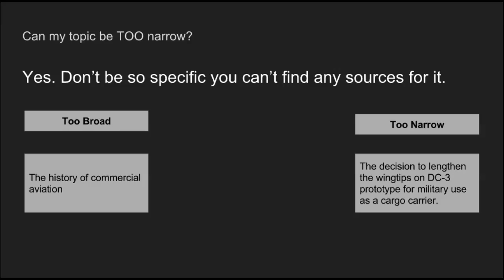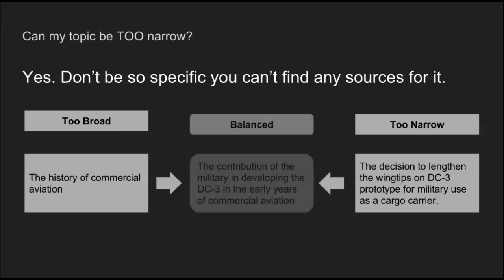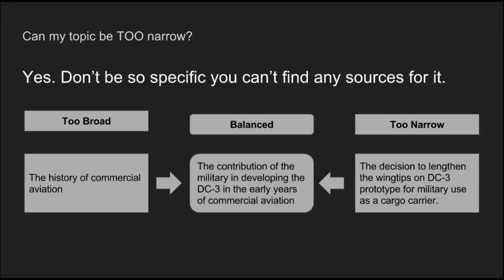But for right now, where we're at, either in undergraduate college or in high school, there may not be that detailed resources. So we back it up a bit from something that's too narrow to something a little more balanced, like the original one. The contribution of the military in developing the DC-3 in the early years of commercial aviation.